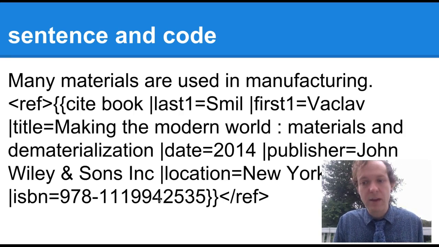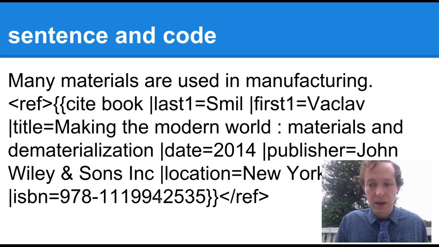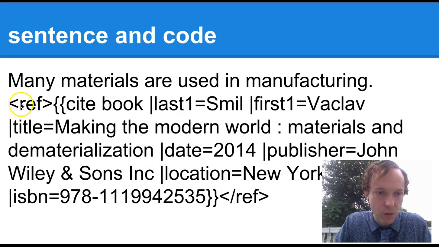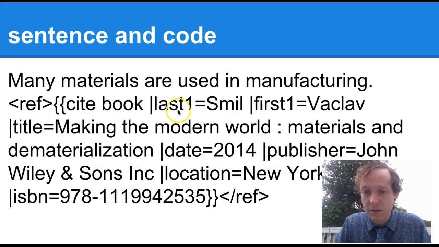If you see something you like on Wikipedia, the best way to duplicate it yourself is to copy paste it where you see it working and put it into what you're doing. But what I would have you look at is that there's these reference tags. It's greater than, less than signs around the letters REF, and in between there's something that says cite book, and then it says last name, a last one, and then first for first name, title of the book, date, these things.